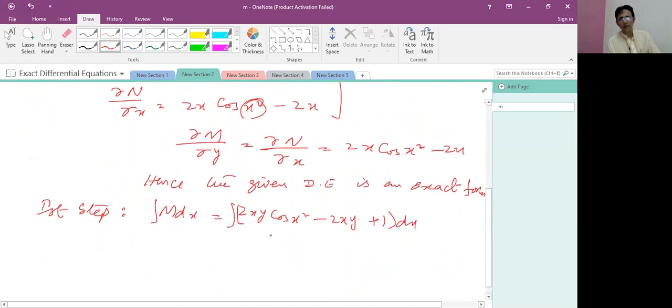So student, by keeping y constant, the derivative of x^2 is 2x, and the integral of cos is sin. If we write in this form, student, y times 2x cos x^2 minus 2xy plus 1 into dx.